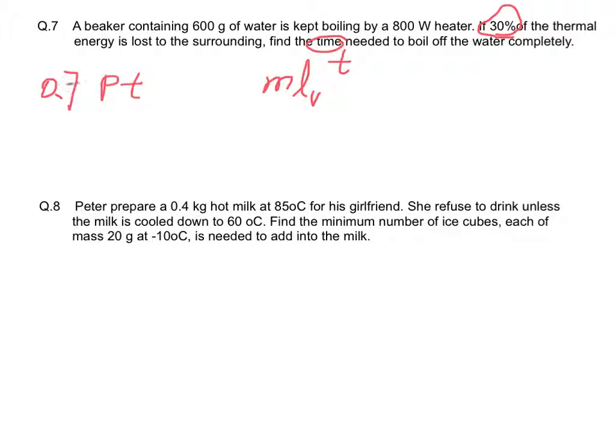0.7 times the energy released by the heater equals mL, which is the energy absorbed by the water during boiling.